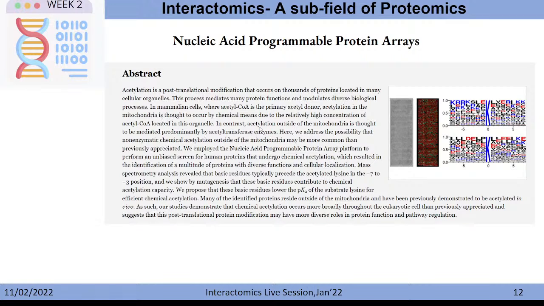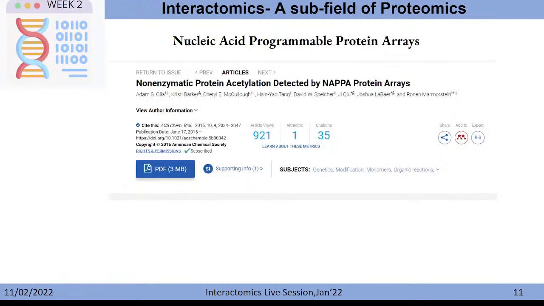In contrast, acetylation outside of the mitochondria is thought to be mediated predominantly by acetyltransferase enzymes. So it is through an enzyme, but here you can see that what they have tried to look at is non-enzymatic protein acetylation. Their hypothesis was that proteins can become acetylated without the help of an enzyme.